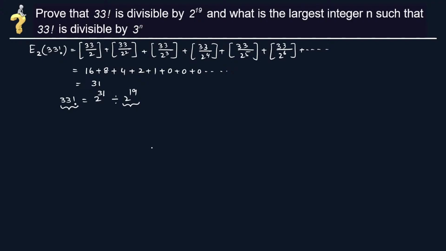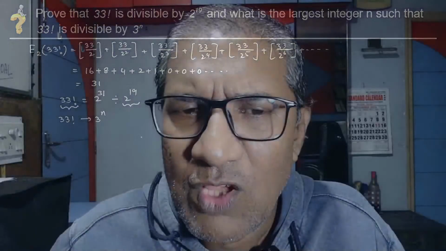Now, what is the second part? The second part says, what is the largest integer n such that factorial 33 is divisible by 3 to the power n? So the question actually demands that you find the exponent of 3 in factorial 33.